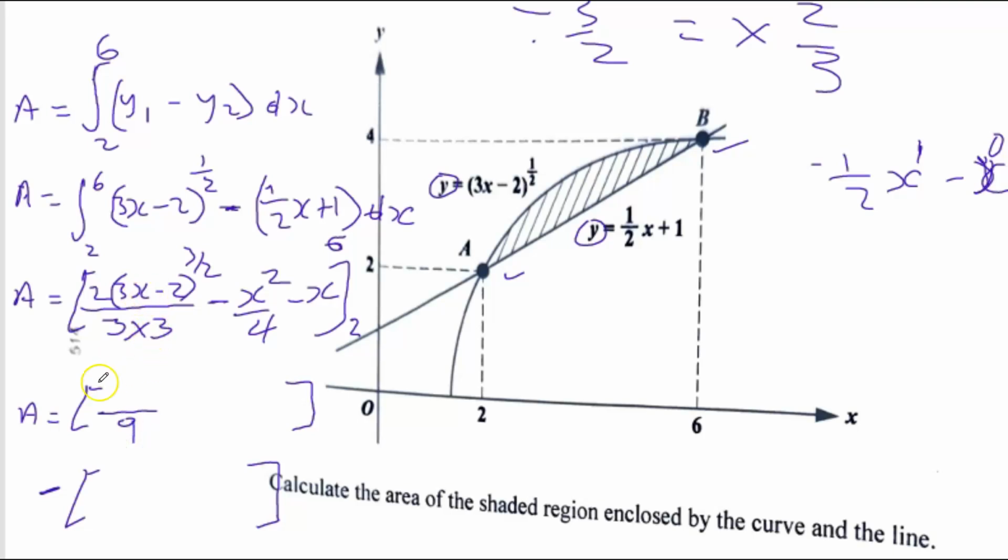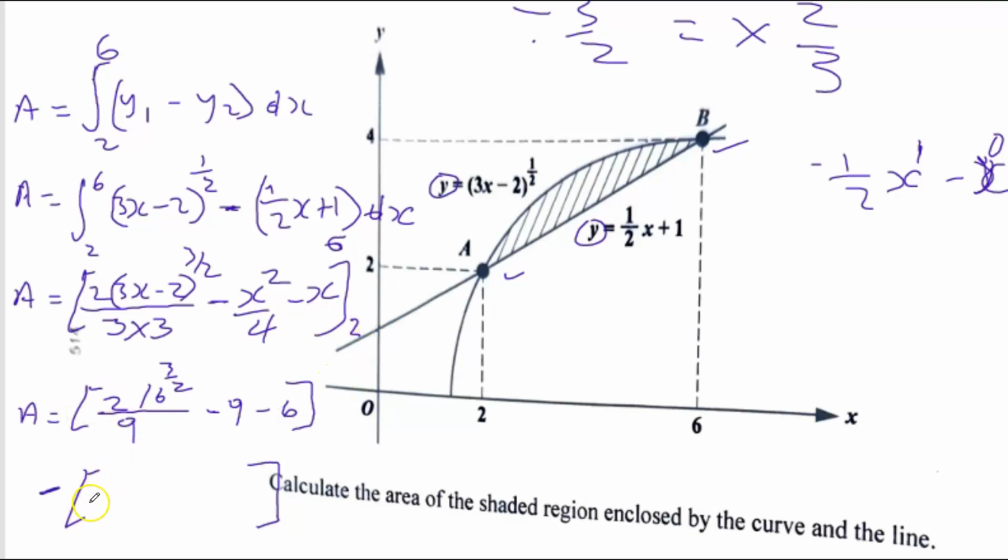Outside here we have 2. In the bracket now, we have 3 times 6, that's 18. 18 minus 2, that's 16. So that's 16 raised to the power of 3 over 2. Minus 6 squared, that's 36, divided by 4, that's 9. Minus 6.